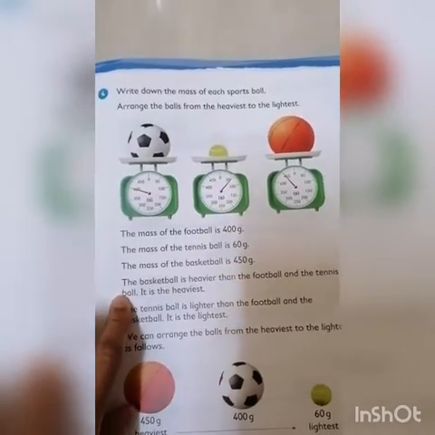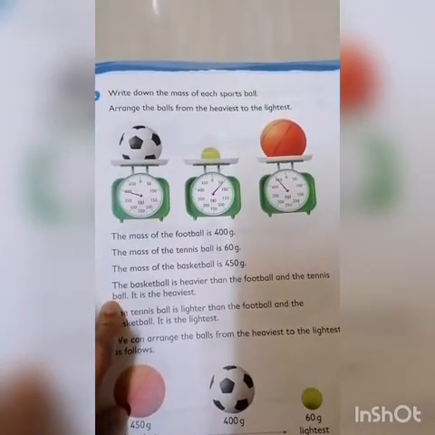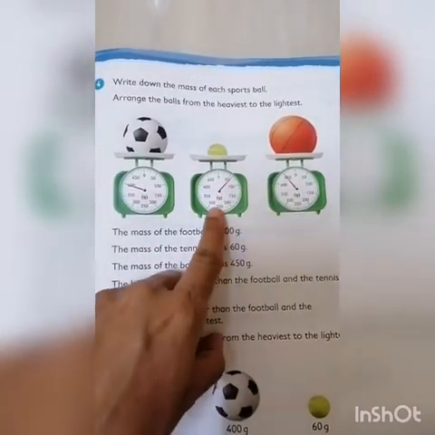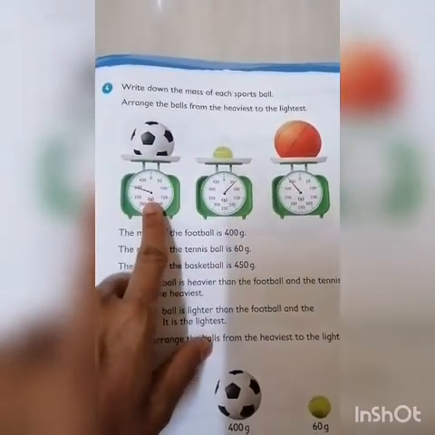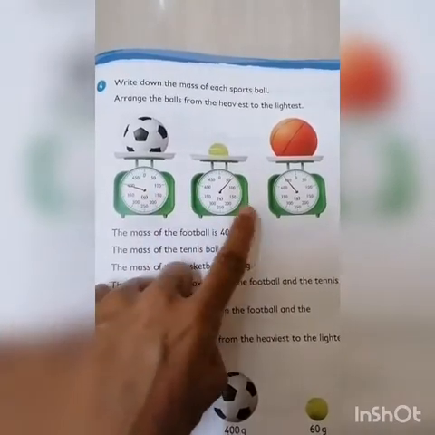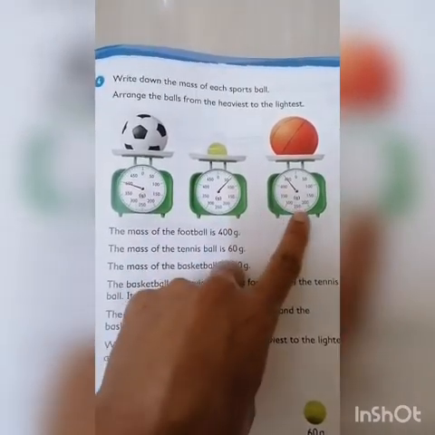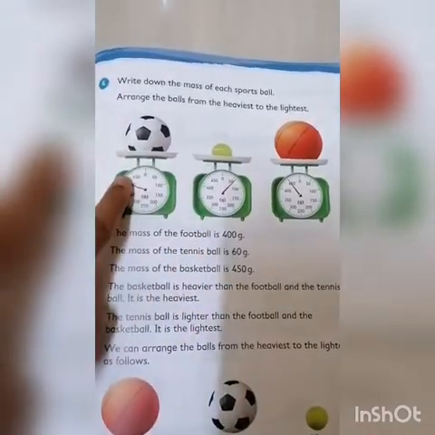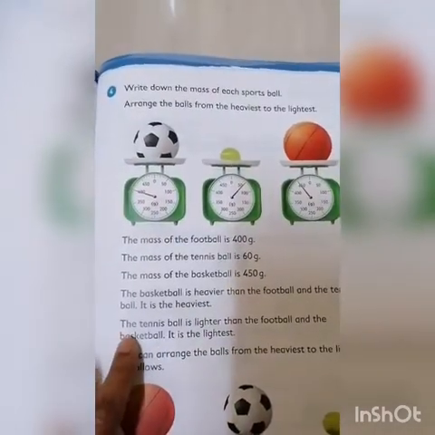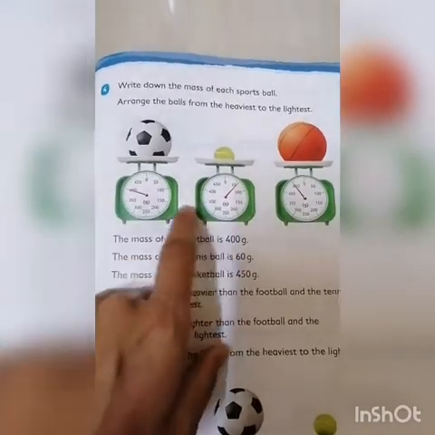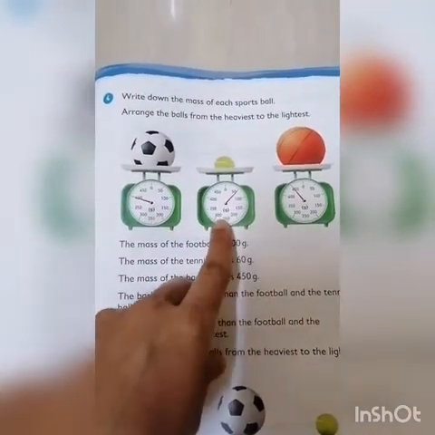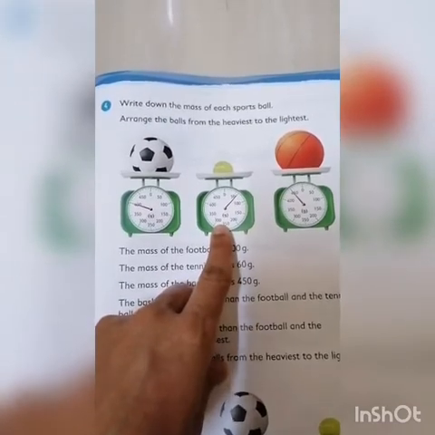The basketball is heavier than the football and the tennis ball. Okay, heavier than both of them, so it is the heaviest. Why? Because it is more than the group. The tennis ball is lighter than the football and lighter than the basketball, so it is the lightest, okay?